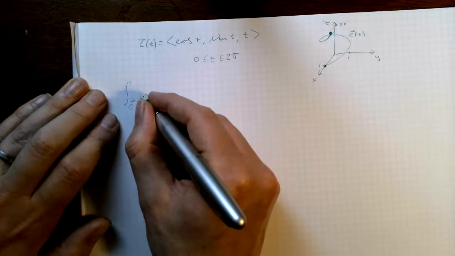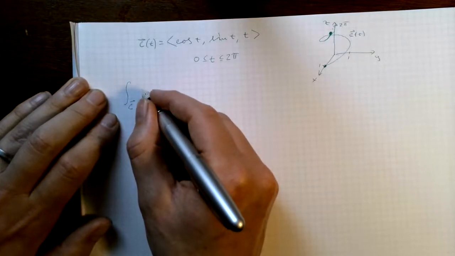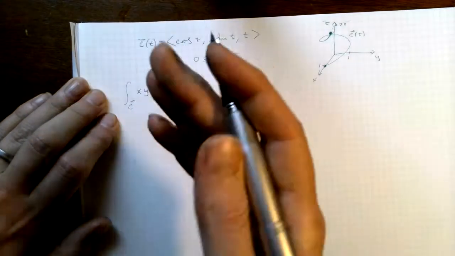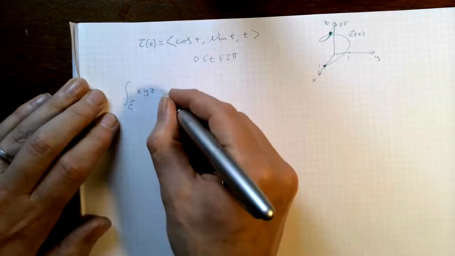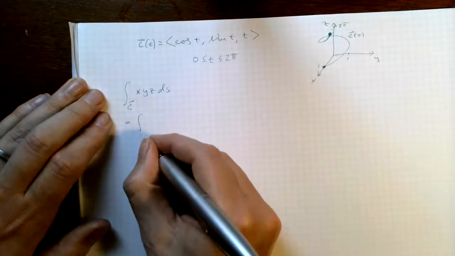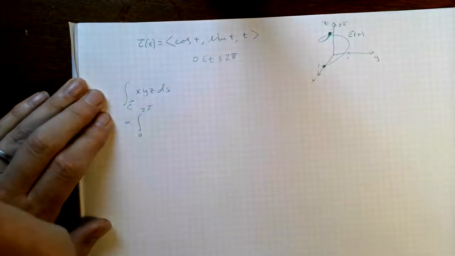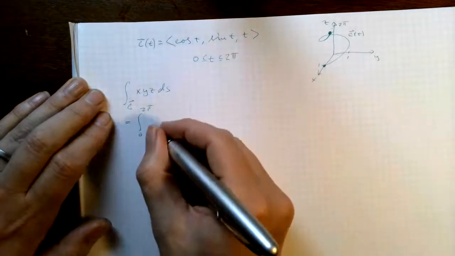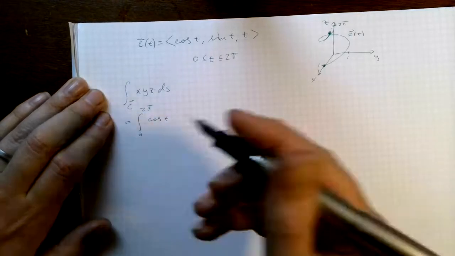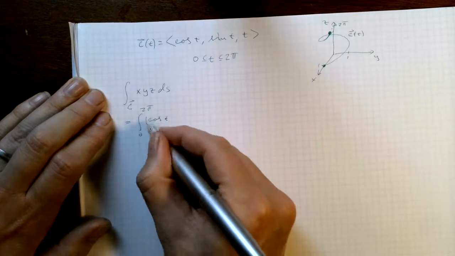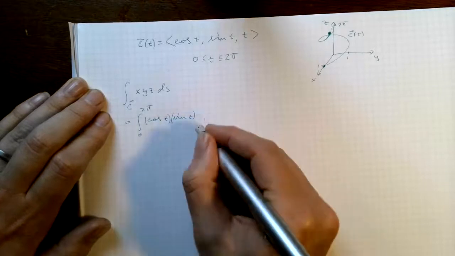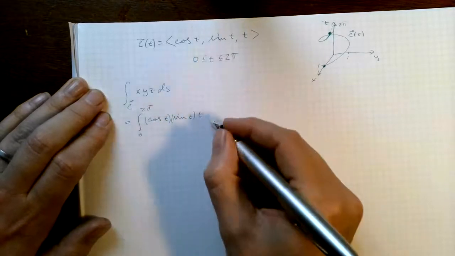And let's integrate, I don't know, what should we integrate? x y z ds. Why not? Okay, so what is this? Well, this is the integral from 0 to 2 pi. We're just basically plugging into the definition. So x is cosine, y is sine, z is t, and then there's this.